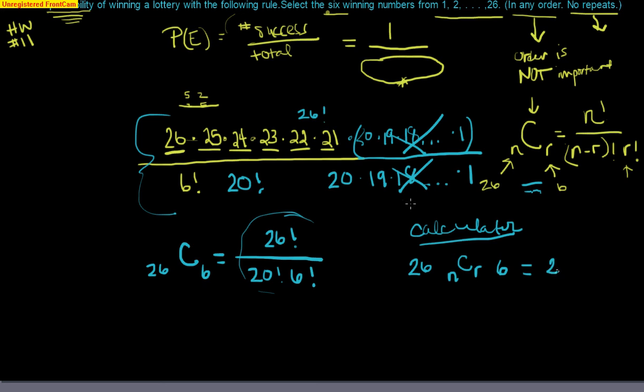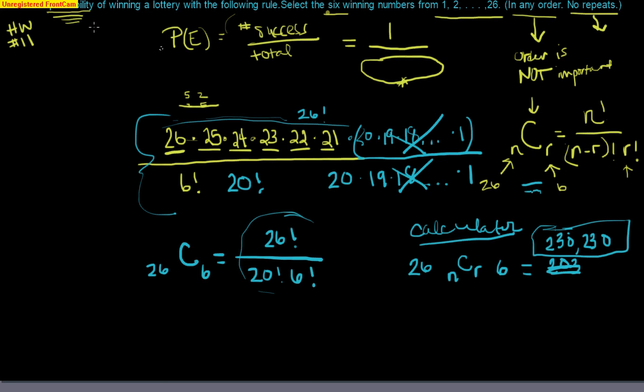And this will pop up 203. Oh, I'm sorry. Take back that. 230,230. There are 230,230 ways that you can choose 6 numbers here out of a set of 26. All right, so we have just found the bottom number of our fraction.